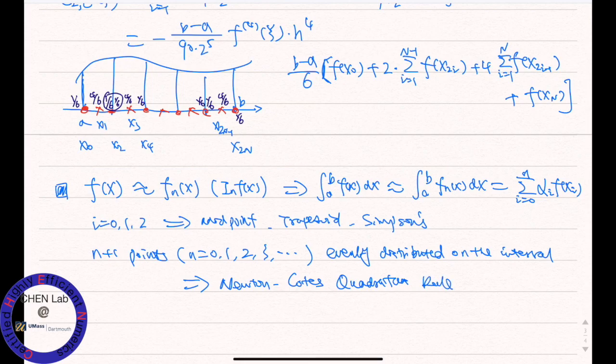Quadrature simply means that, as we were talking, you turn integration into evaluation. Doing quadrature means that you just evaluate at the points, multiply with the weights, and add them up, and you get the approximate integral. That's what quadrature means.